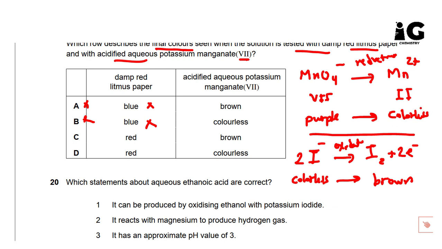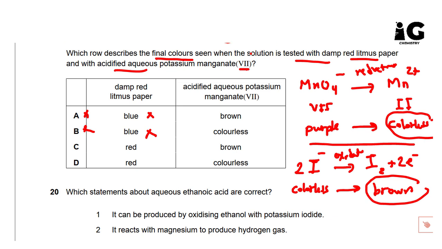Look at this, the final. Here we have colorless, and here we have brown. So if we have brown color with colorless color, of course colorless can't appear. So the dominant color is going to be brown. And also the question asks about the color seen in the solution, not the test itself. So anyway, the final answer should be here brown. So this is red-brown, so the correct answer is going to be C.